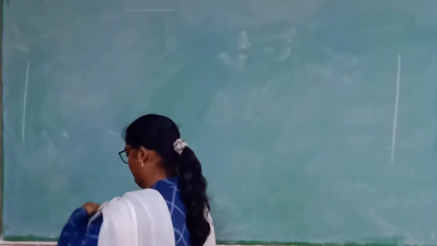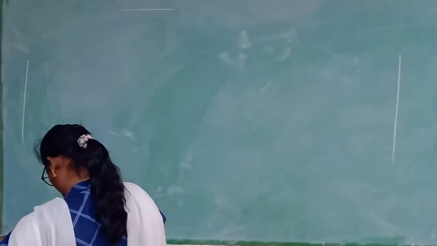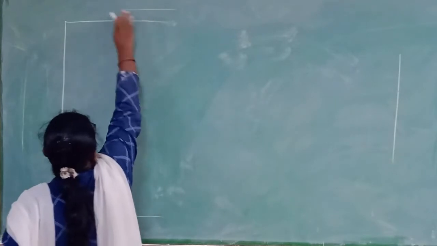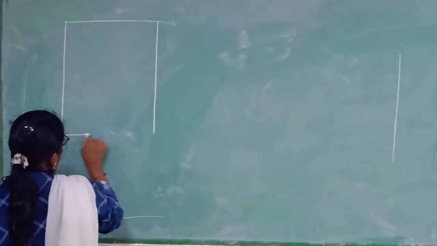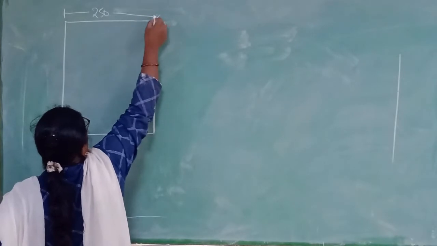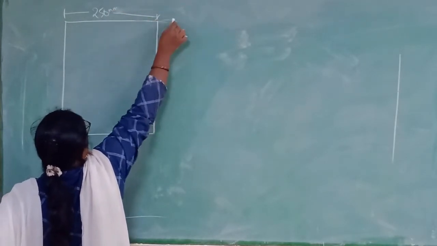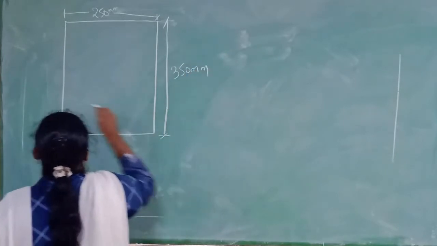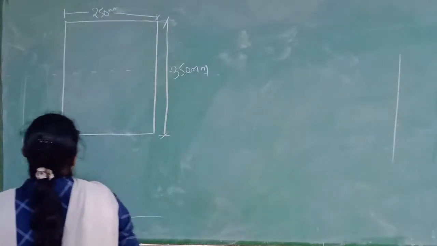What he has given: a rectangular section of 250 mm and 350 mm deep.